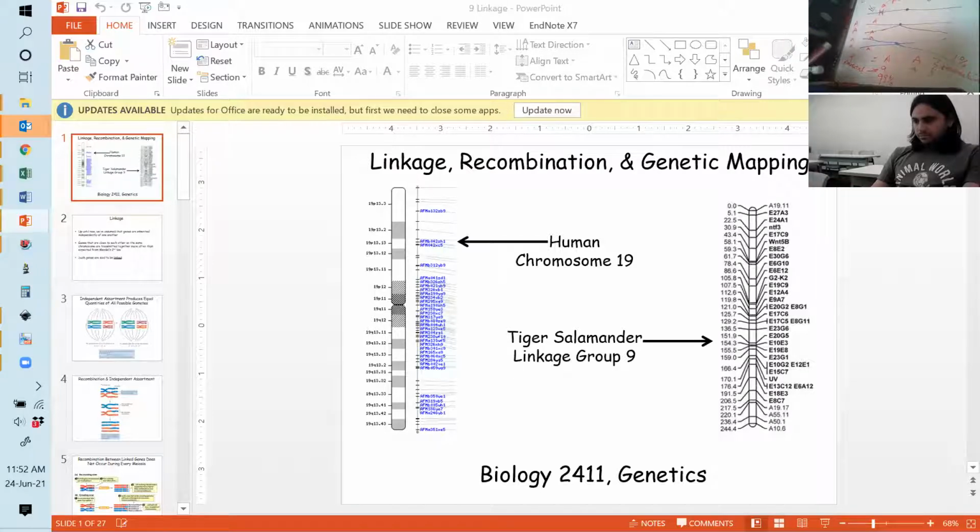Now we're looking at two different genes. Let's not use C. C absolutely sucks for letters.